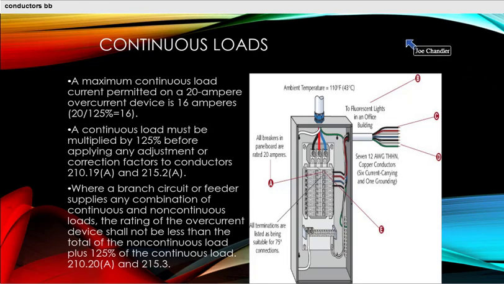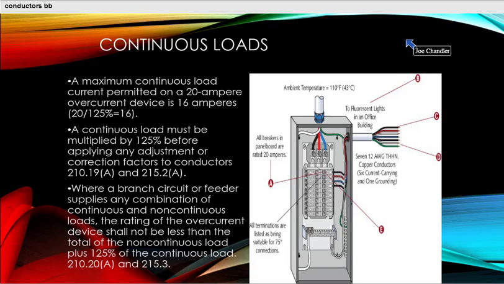Okay, continuous loads. A continuous load is a load where the maximum current is expected for 3 hours or more. So throughout the code for service, feeders, branch circuits, the language is very similar for all of them.